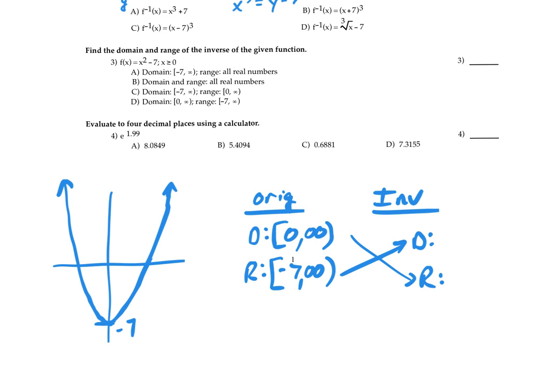If I didn't have this little restriction in here, my answer would be A. So that restriction throws it off. And so I had a lot of people saying A the other day, and so that's why I added that to my answer key. If that wasn't there, then it would be A.